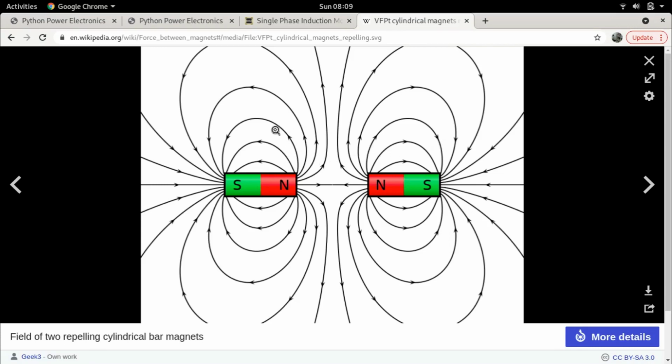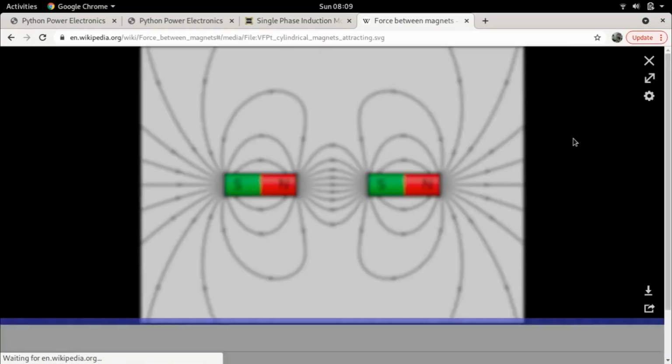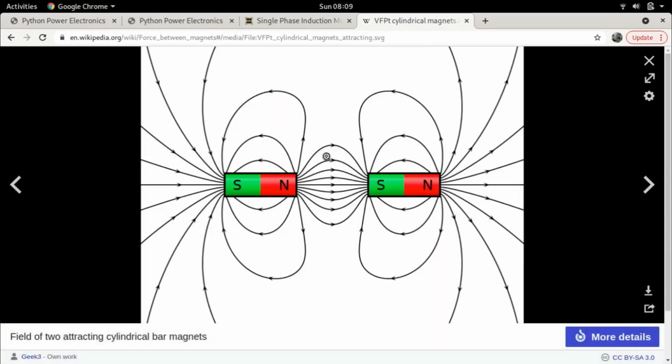So there's a force in this direction from the right to the left, and there is a force in this direction from the left to the right, which causes these two magnets to move apart. Now, in this case, when they are being attracted, it is exactly the opposite. You see here, there is a concentration of magnetic lines of force, but if you look, this entire region is now very sparsely populated by magnetic lines of force.